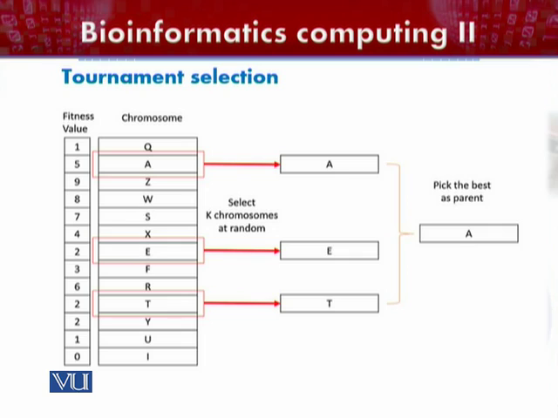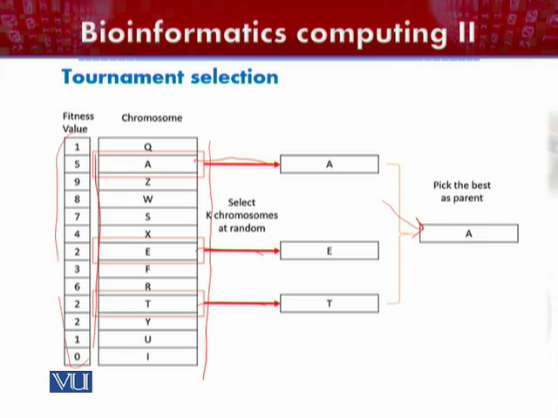For example, in this figure, we see that different individuals are being ranked according to their fitness. Here are the fitness values of each of the chromosomes, and depending upon the fitness values, some of the individuals are being selected from the pool of these individuals. For example, these three are selected to participate in a tournament. And the winner of this tournament will be selected as a parent for the next round.